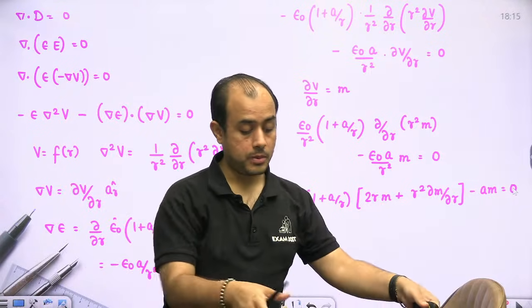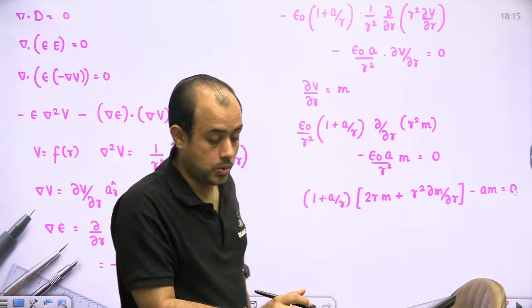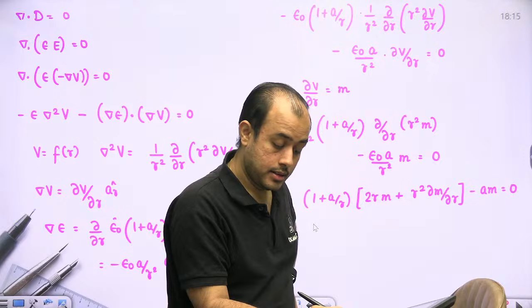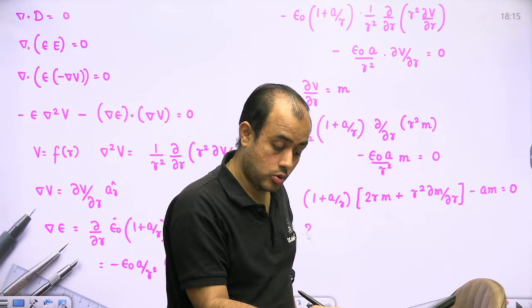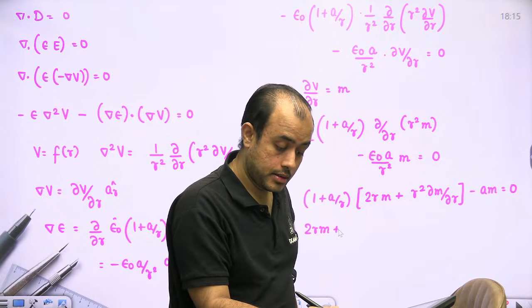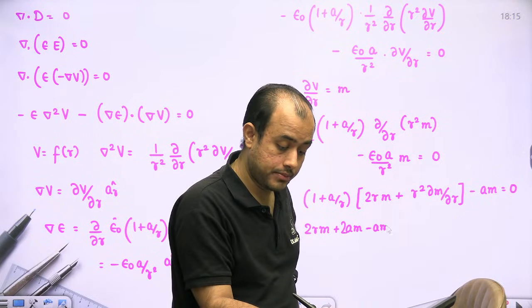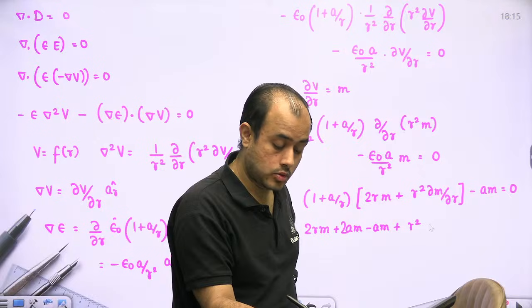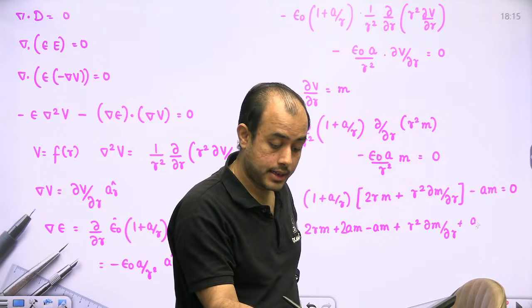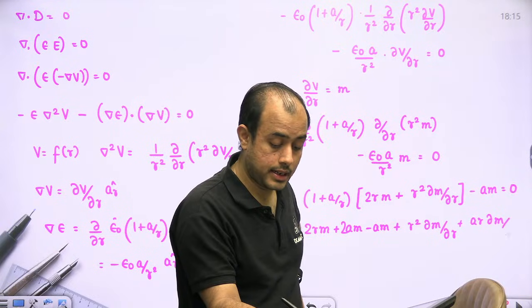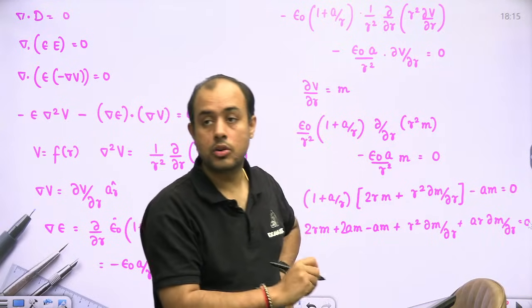नाउ बेटा फ्रॉम हेयर व्हाट आई कैन डू, 1 plus A by R, 2RM plus 2AM minus AM plus R square del M by del R plus AR del M by del R. Okay.